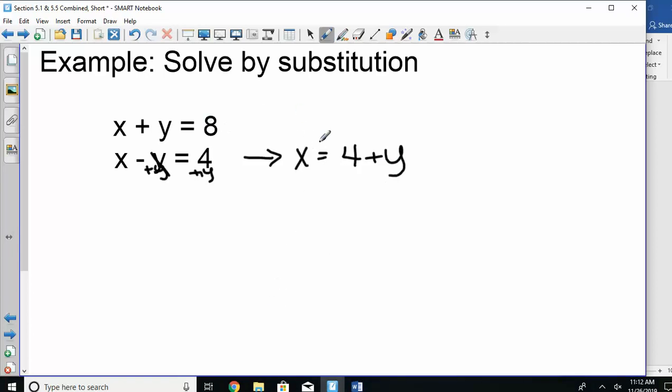Then you substitute that into the other equation. So I go to the first equation here. Instead of my x, I will put 4 plus y. And then we just solve.